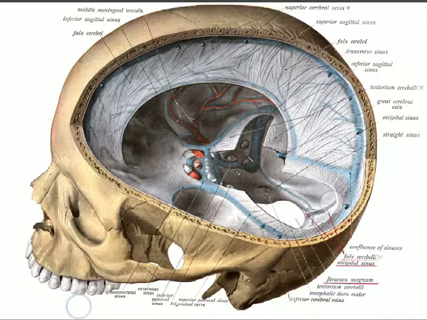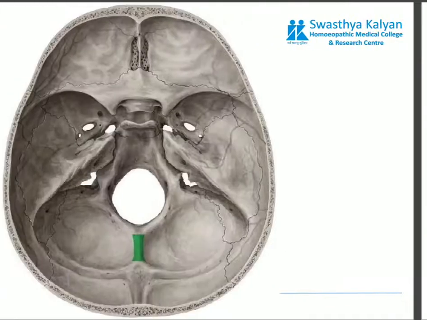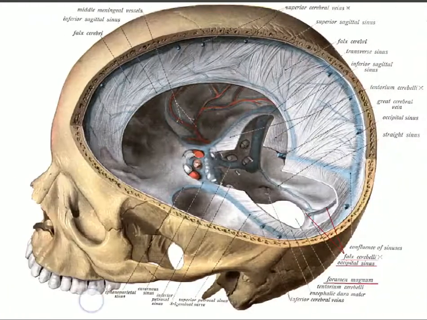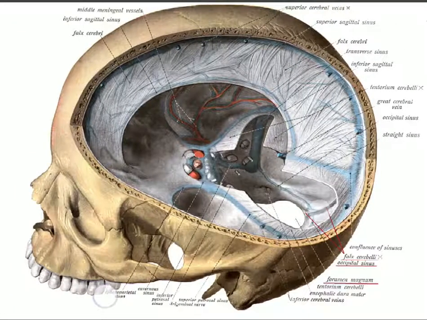The anterior margin would be the one that is facing this side. It is concave and free, and the posterior margin is attached along this internal occipital crest in which the occipital sinus lies.